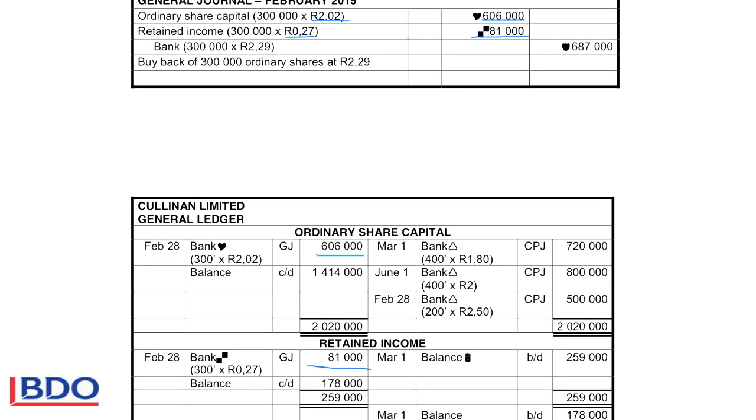And the total amount will be paid out of the bank, so that the shareholders will receive in total 687,000 Rand. Included in that 687,000 is the 606,000 that the share capital is reduced with, and the 81,000 that retained income is reduced with.